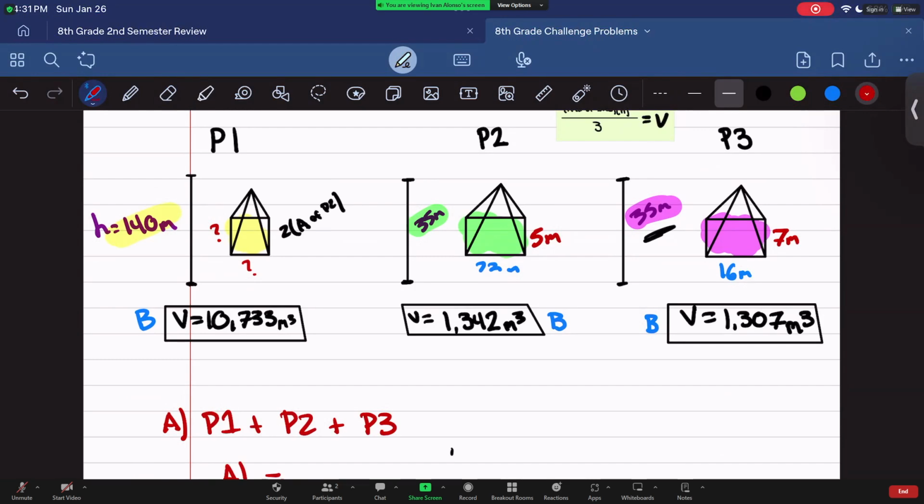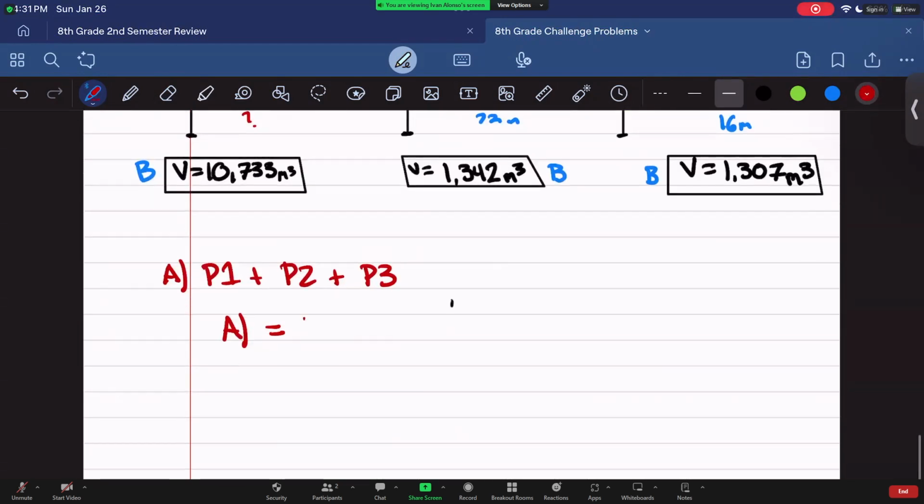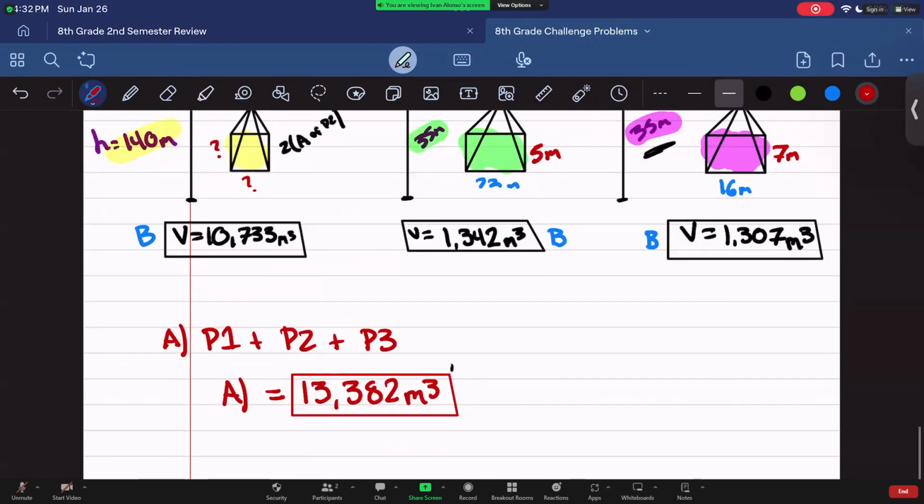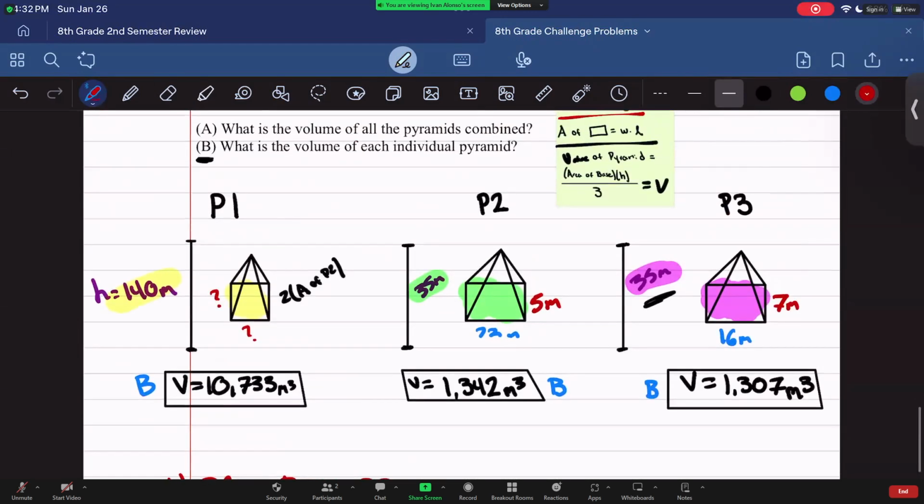So 10,733 plus 1,342 plus 1,307 equals 13,382 meters cubed. We're still speaking in volume, so that's the unit that stays. And that's about it. So there's our answer to part A. That's how we found the work for part B.